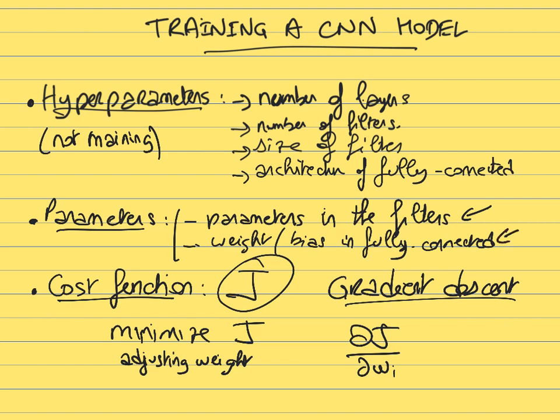And then at the end, you need to train the final fully connected network that will give you the final output to tell you if there is a cat or not, if there is a car or not, if there is a traffic light or not, if it's a red or a green traffic light. So you will just adjust all those parameters to minimize the cost function.